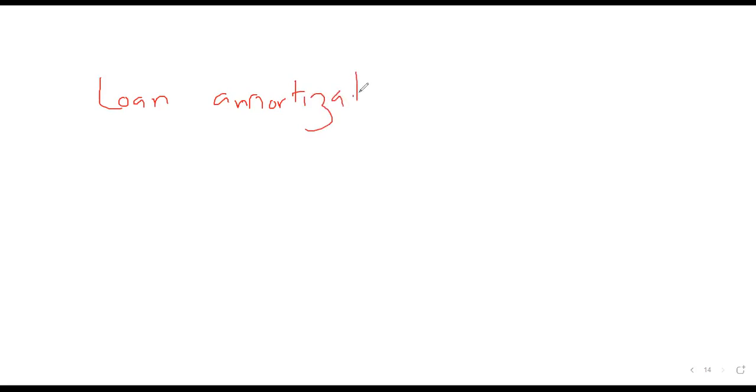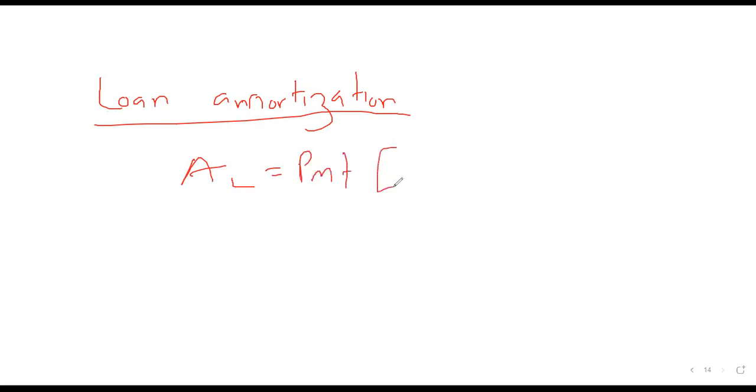So the formula for loan amortization is the amount of loan, the payment, then here we use the present value interest factor of an annuity, rate against time.